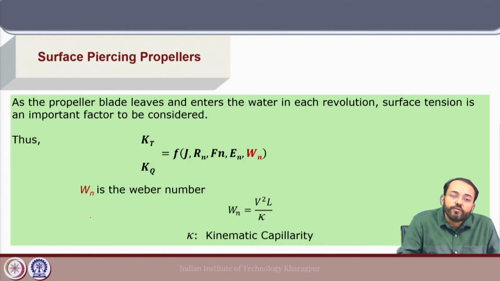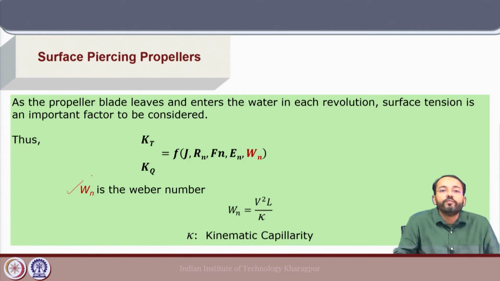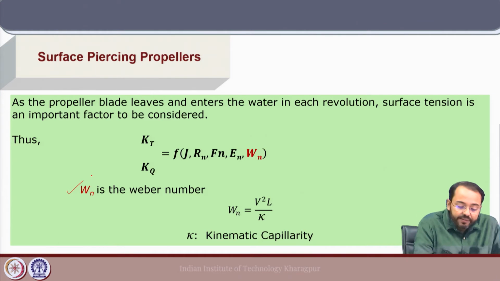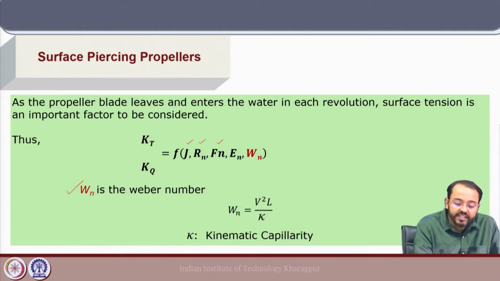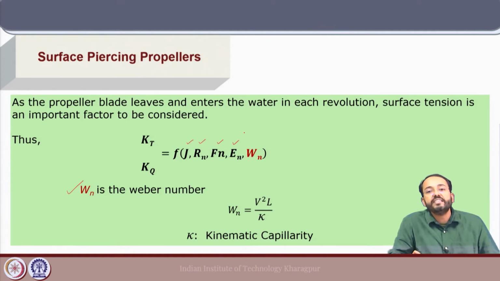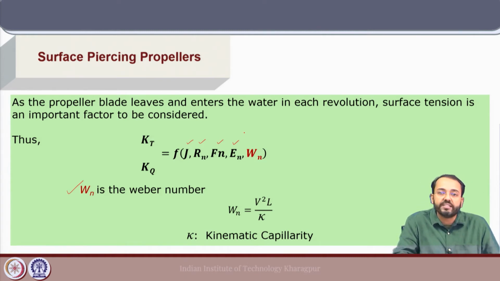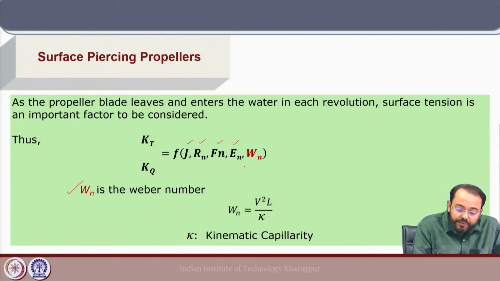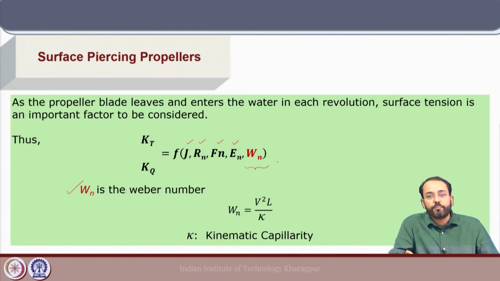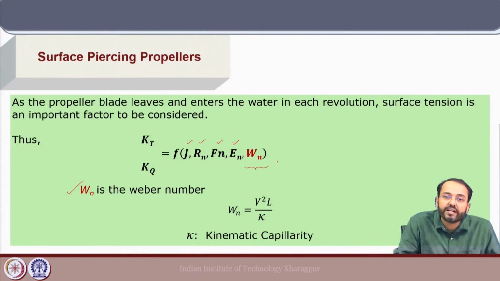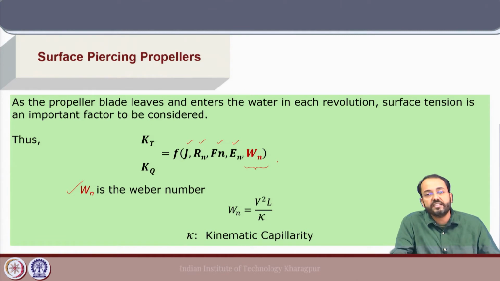And hence, we have the additional term which is the Weber number, apart from the standard non-dimensional coefficients that we have already seen for conventional propellers. This Weber number also plays an important role in the performance of a surface piercing propeller, because the Weber number is related to the surface tension force.